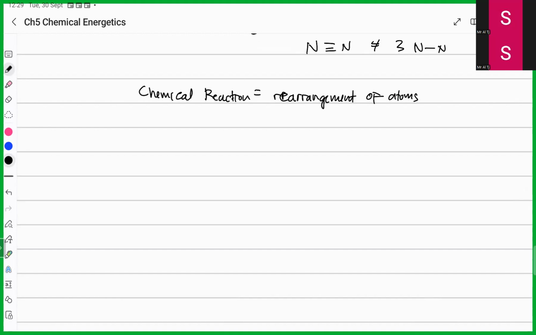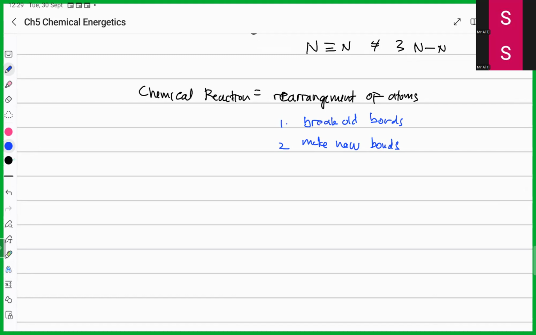Generally, atoms will have a maximum amount of bonds that they can make. So for rearrangement, we need two steps. First, we're going to break old bonds. And second, we're going to make new bonds. This is the general concept of how a reaction works.